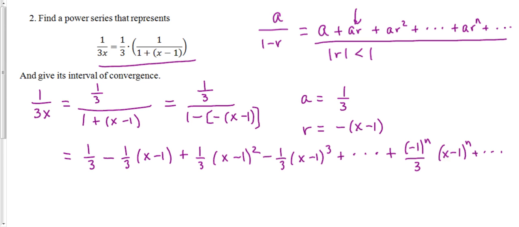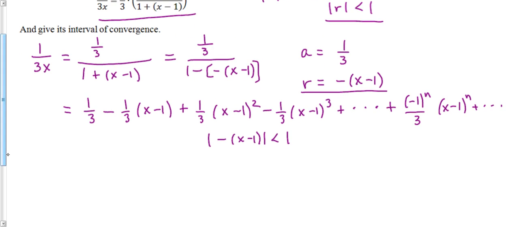And I know that this will converge for the absolute value of r less than 1. And in this case, my r is negative x minus 1. So I'm going to say that the absolute value of negative x minus 1 has to be less than 1.